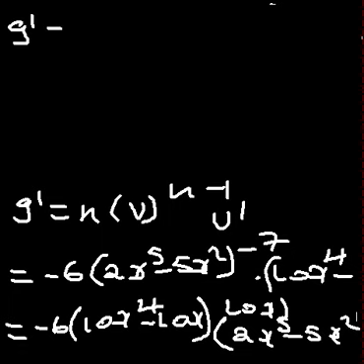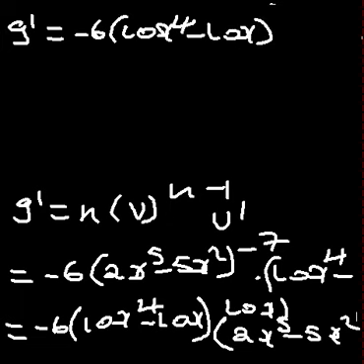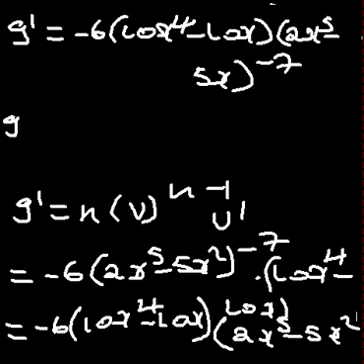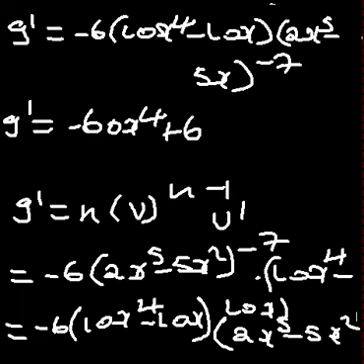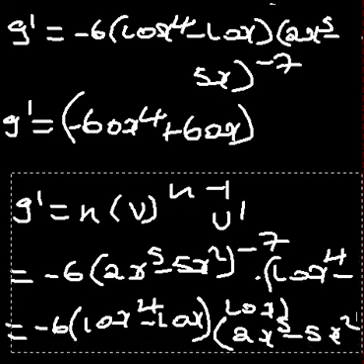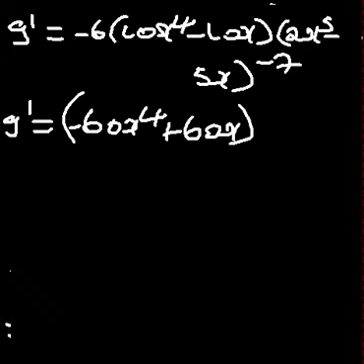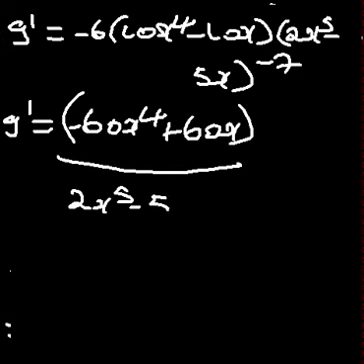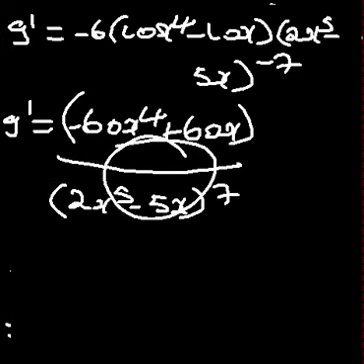So g of x prime is negative 6 times (10x to the power 4 minus 10x) times (2x to the power 5 minus 5x squared) to the power negative 7, which gives g of x prime equal to negative 60x to the power 4 plus 60x, and according to the laws of indices, we can have it divided by (2x to the power 5 minus 5x squared) to the power 7. So that is the derivative of that function.